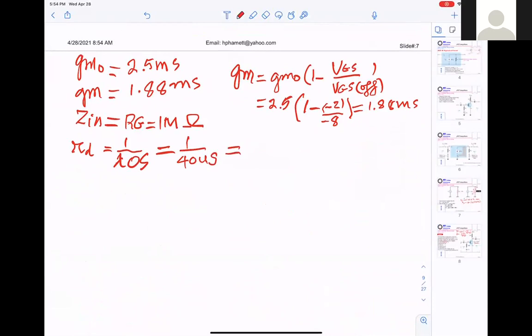So what do you get? I think I get 25 kilo ohm.